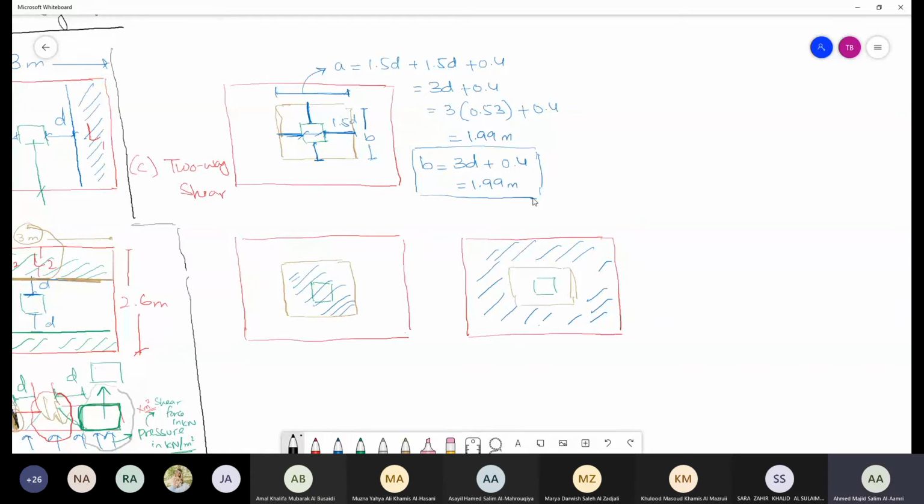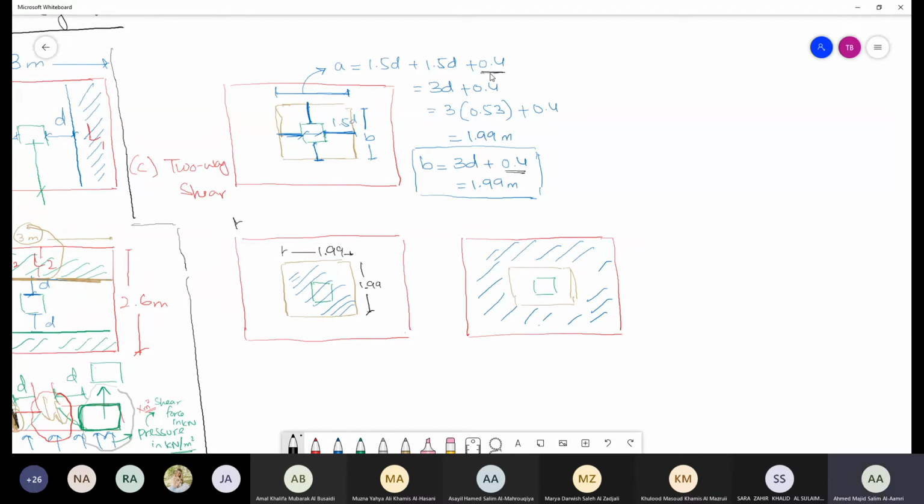If it's a rectangular column, these are not going to be the same values. So your A and your B are going to be different values. Anyhow, here we have it as 1.99, and here we have it as 1.99 as well.